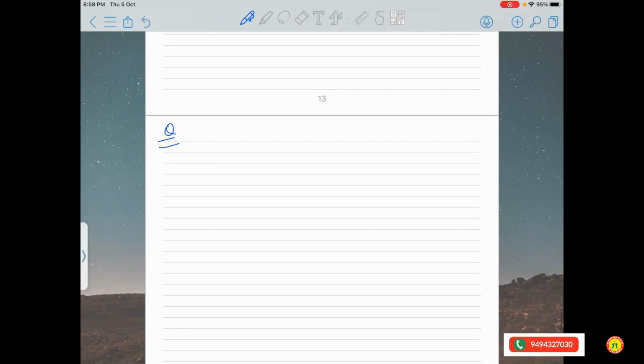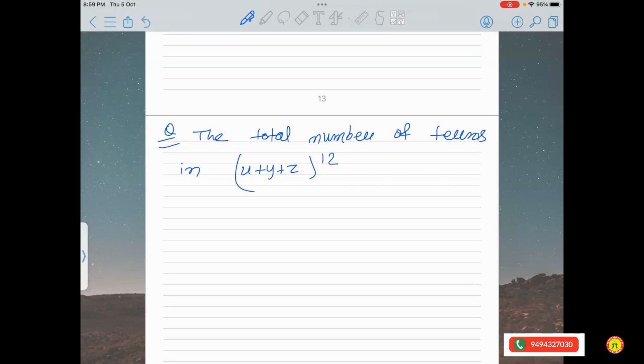Now I am discussing the question: the total number of terms in x plus y plus z, the whole power 12.